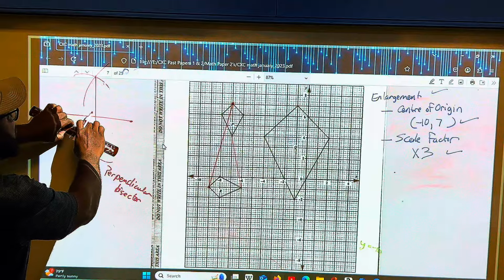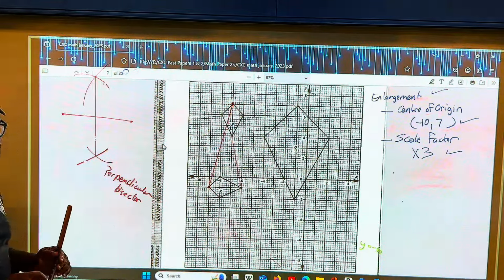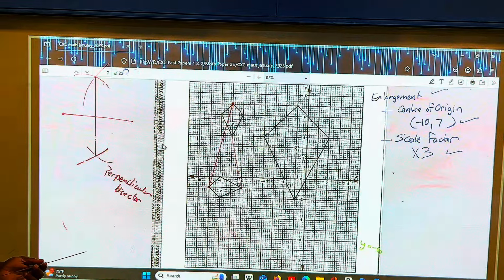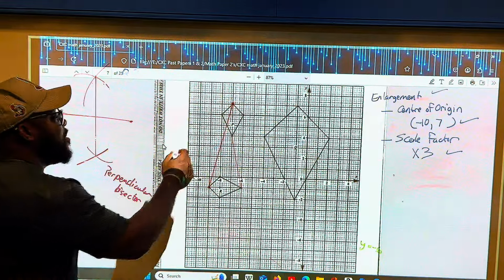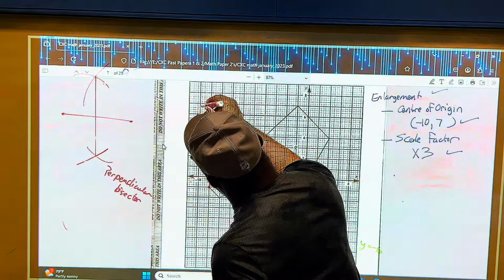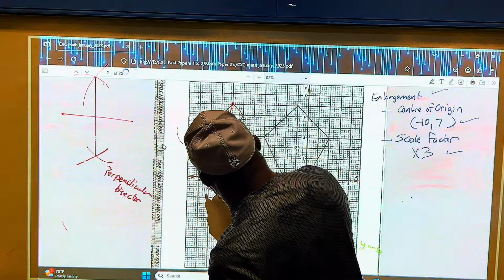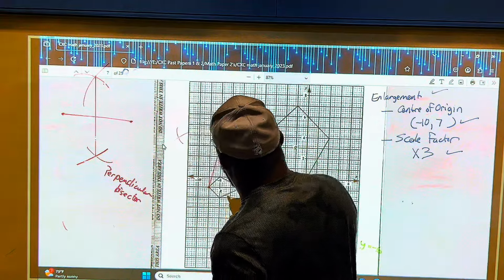You want to do a bisector, so you're going to bisect both those lines. I don't have to bisect here. If I bisect this, back with back, and then I come over here, back with back.